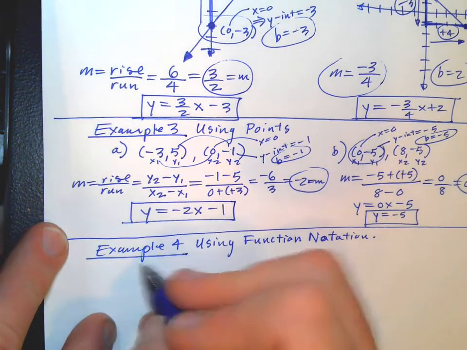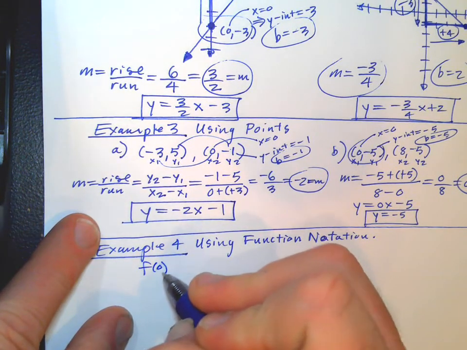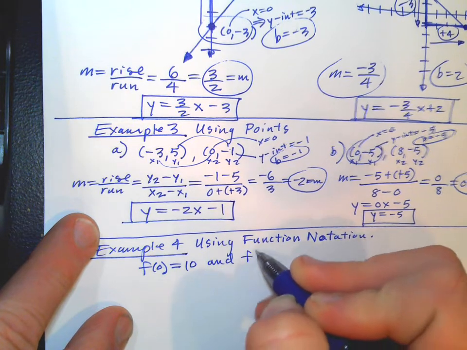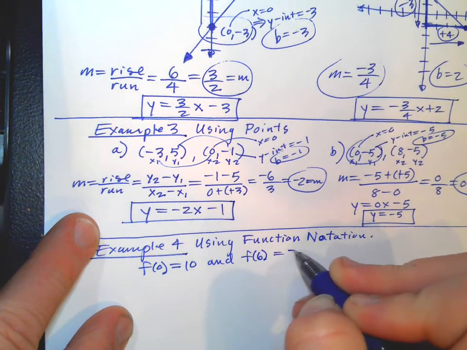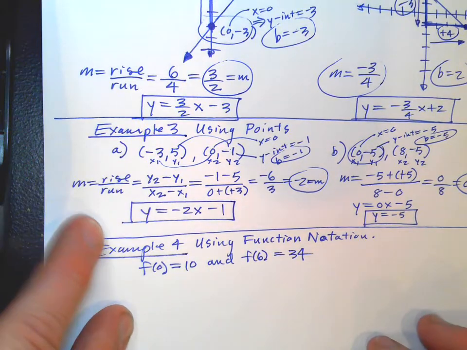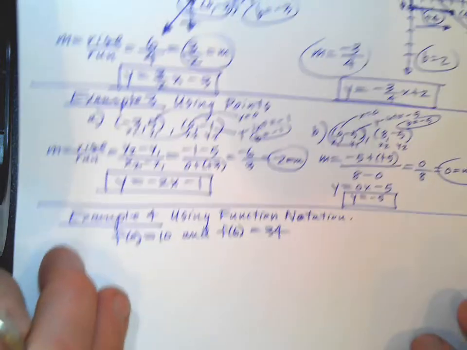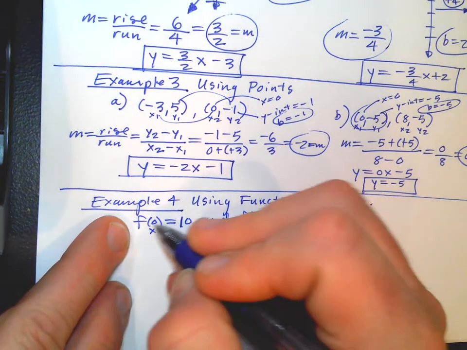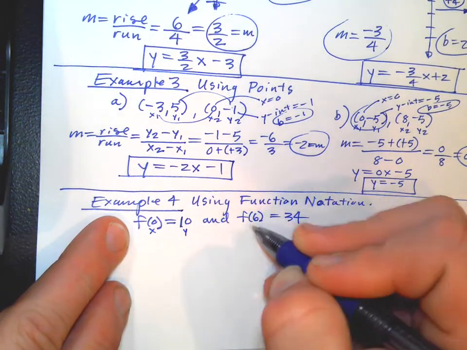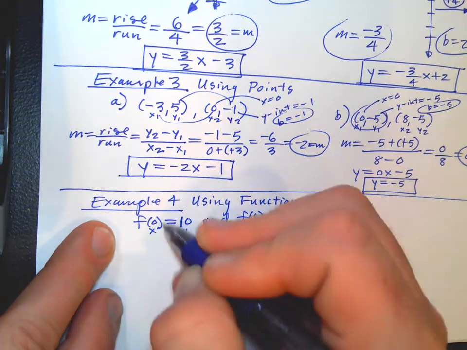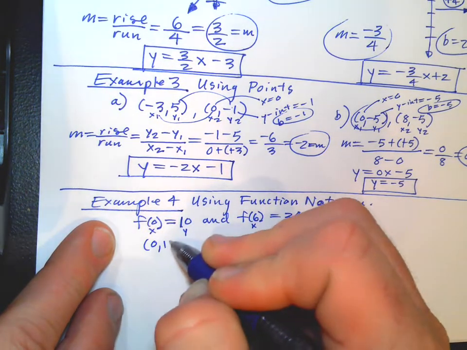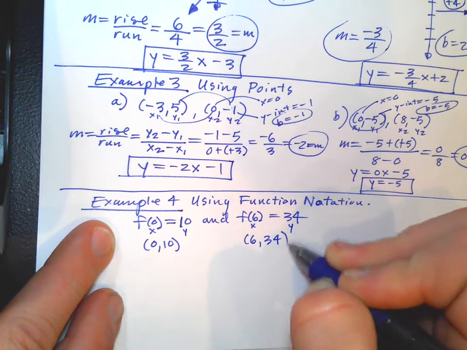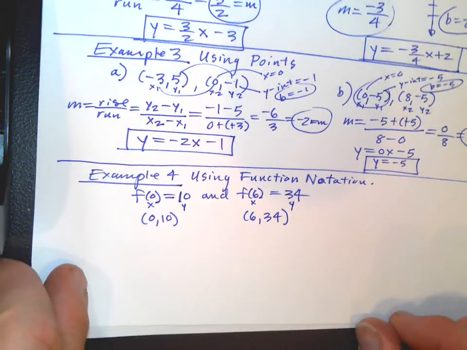So this time f of 0 equals 10 and f of 6 equals 34. And really, this is just like the last problems. They're giving you 2 points. But remember, this is the x, what you plug in, and this is the y, what you get out. So you could write these as ordered pairs, (0, 10) and (6, 34). And now it's just like the last problem.